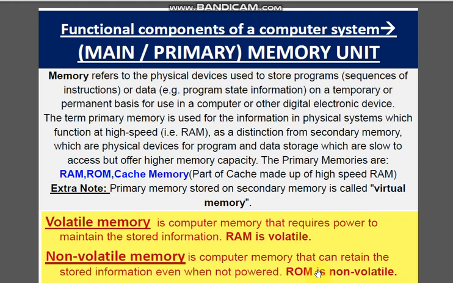So the information stored in ROM is retained even when there is no power to the system. That is why we call it non-volatile memory, right? So ROM is non-volatile and RAM is volatile.